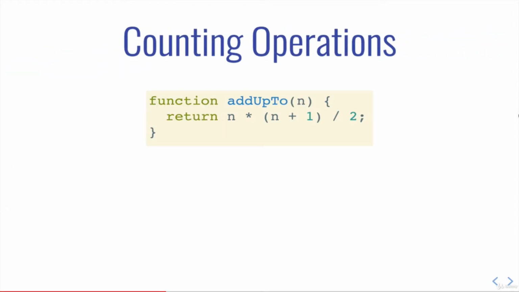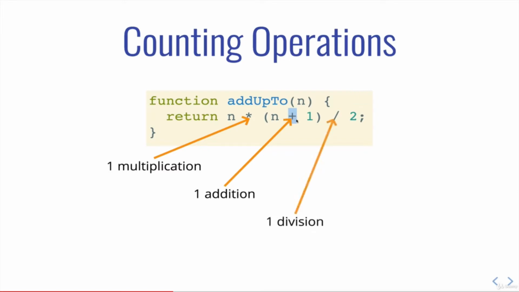So what I mean by simple operations, if we take a look at this example, the shorter one-line version that was faster, we've got a multiplication happening. After that, an addition, so that's another operation. And then we have a division. Things like the number 1 or 2 aren't operations.